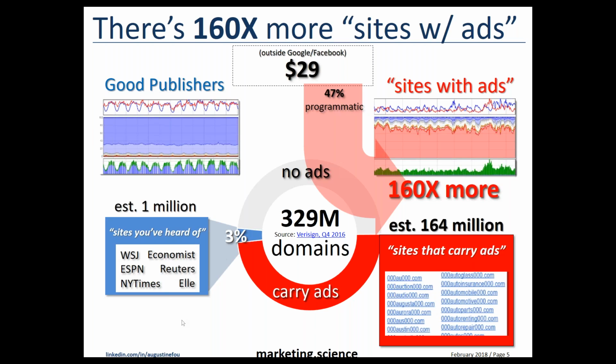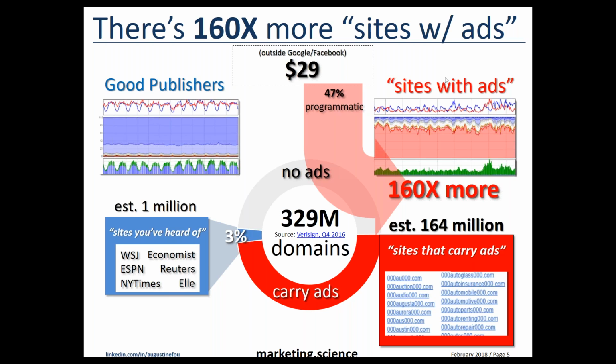So if we just take a back of the envelope calculation and say the top million sites are the ones that humans go to, like Wall Street Journal, Economist, ESPN, those are the ones that humans have heard of and go to. What are the other 328 million sites, right?